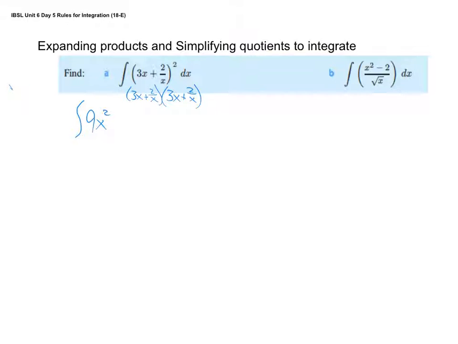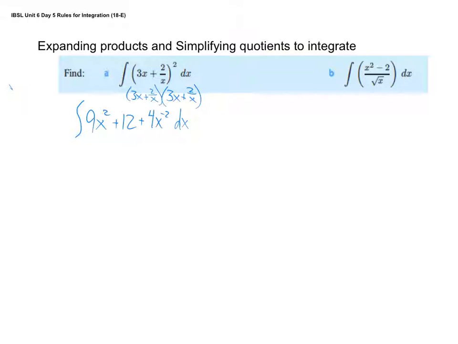Plus 6, plus 6, plus 3x cubed... no, plus 4 over x squared. There we go. 4 over x squared. So I'm going to make that x to the negative 2. Okay? So, kind of a strange one to FOIL, but you guys can handle it.